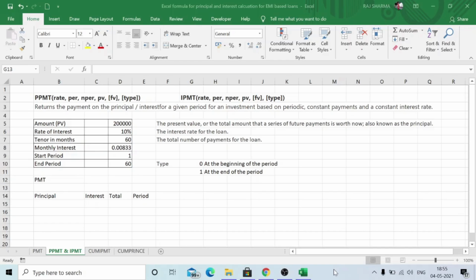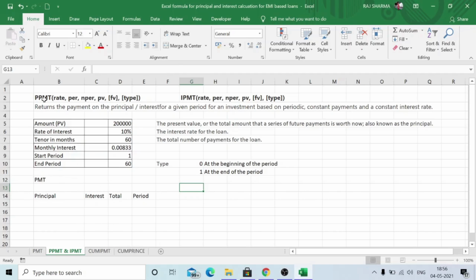So we will use the formulas PPMT and IPMT to work out what is the principal and what is the interest for a given period of the loan. I request you to please have a look at my previous video on PMT, that is the calculation of how to work out the EMI. So again, I'm going to discuss that PMT here also.